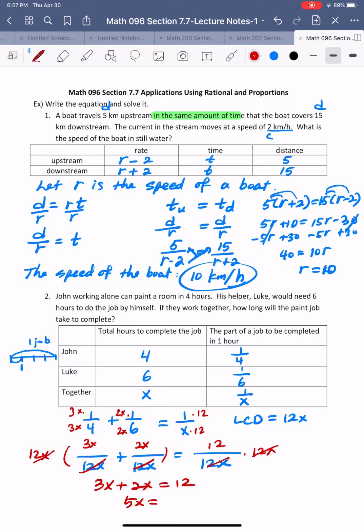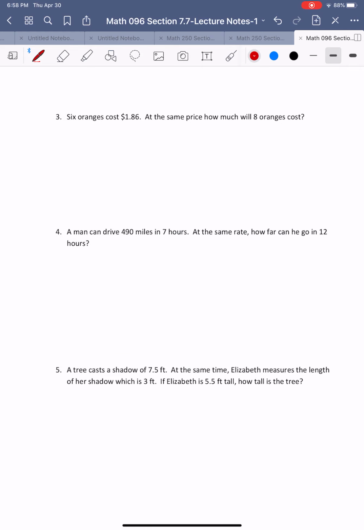Then 5x equals 12, divided by 5, and x is 12 over 5. As a mixed number, it takes 2 and 2/5 hours, which is less than John alone, right? Or you can say 2.4.